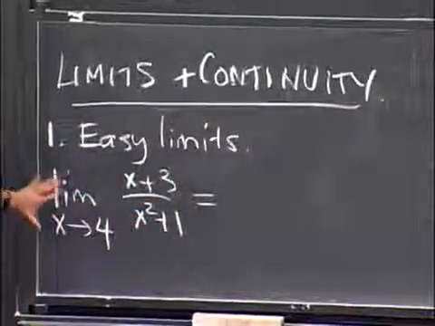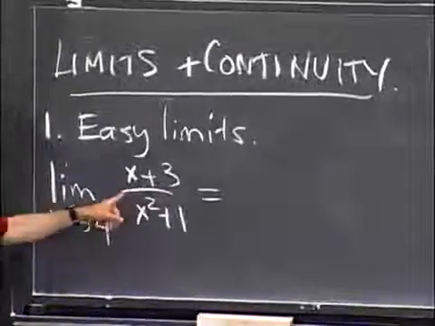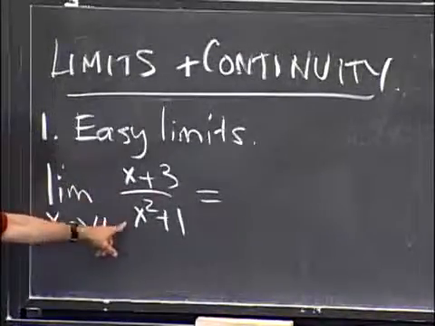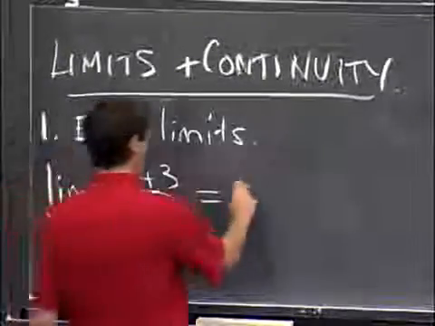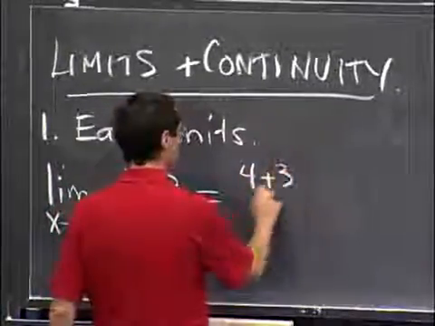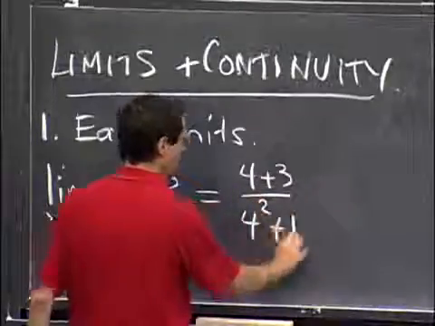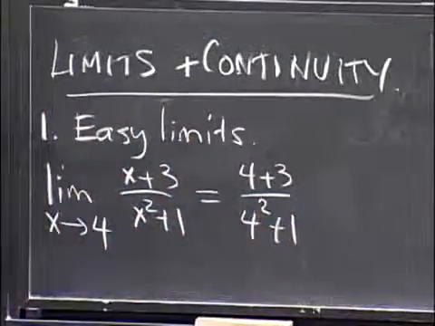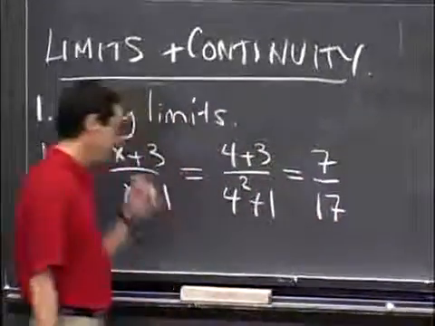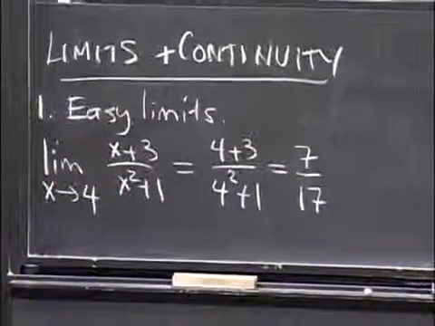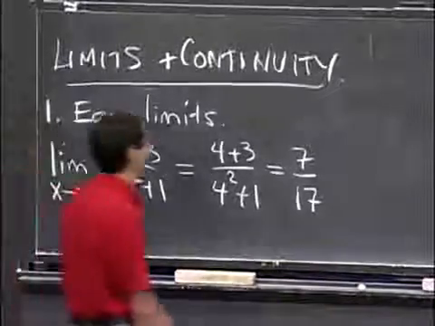With this kind of limit, all I have to do to evaluate it is plug in x equals 4. What I get is 4 plus 3 divided by 4 squared plus 1. And that's just 7 divided by 17. That's the end of it. So those are the easy limits.